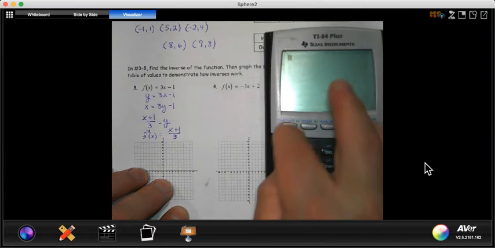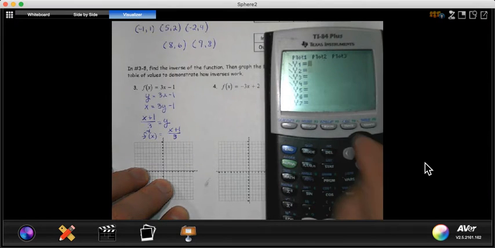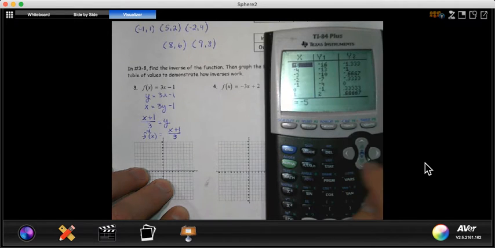So we're going to go to y equals, and we're going to graph 3x minus 1 into y1, and then into y2, parenthesis x plus 1, all divided by 3. And then we're going to go to our table. Okay, and then let's see some better values.